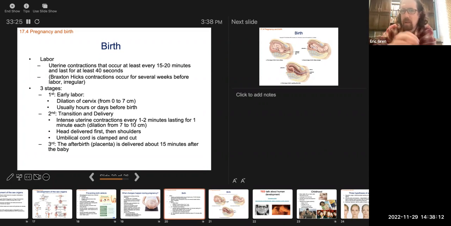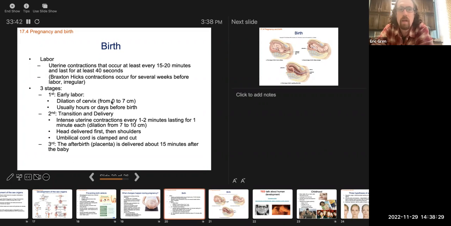No pattern really. They're irregular, they're infrequent, and they're happening several weeks before the due date. Those are Braxton Hicks. But when those contractions become pretty frequent, every 15 to 20 minutes, and they're lasting at least 40 seconds, that's when we say that a woman's gone into labor.